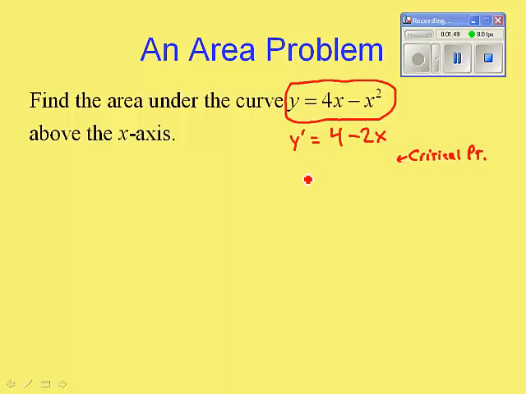So to get the critical point, I'll say 0 equals 4 minus 2x. So 2x is 4. So x is 2. So x equals 2 is what's called a critical value. It's an important value. The thing that's important about it is that the derivative is equal to 0 there. So what's that mean?